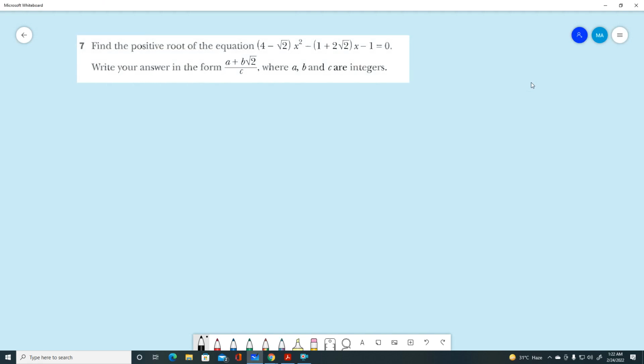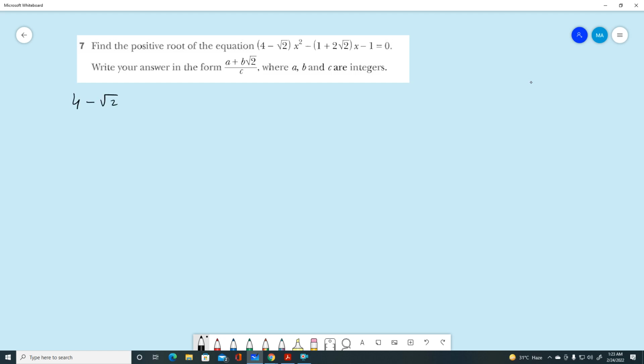Write your answer in the form of a plus b root 2 upon c, where a, b and c are integers. Very easy question. First we have to solve this quadratic equation.